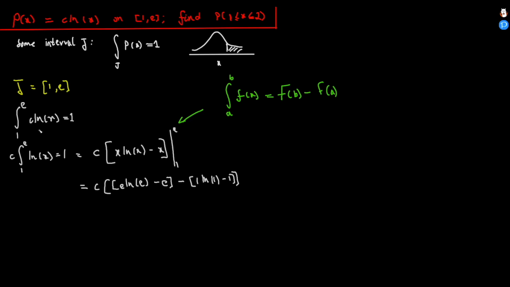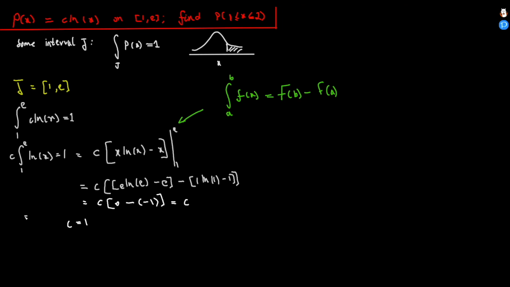That's the principle we're using here, and that gives us c times 0 minus 1, which equals c. We know this whole thing has to equal 1, so therefore c equals 1.